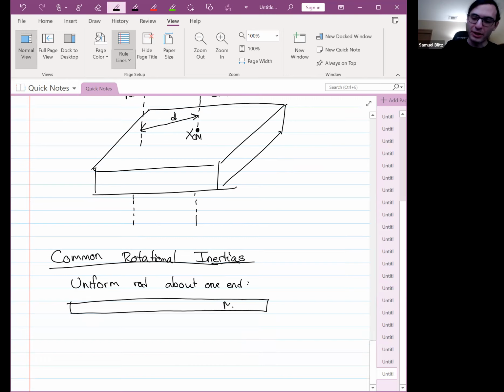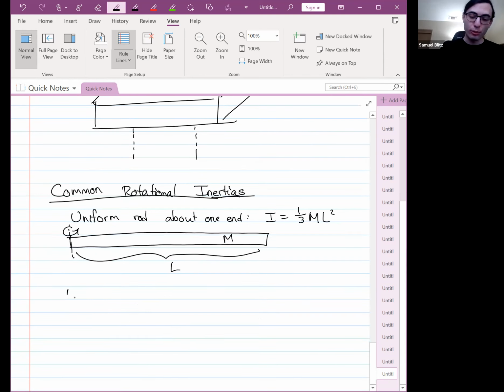Let's say of mass m, and let's say that the axis of rotation is about this end. Let's say it has length L. Then the moment of inertia is 1/3 ml squared.